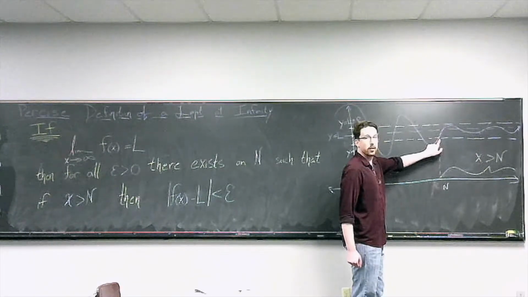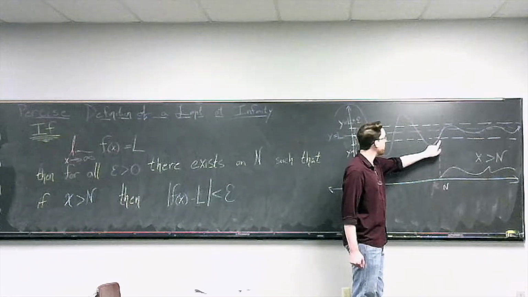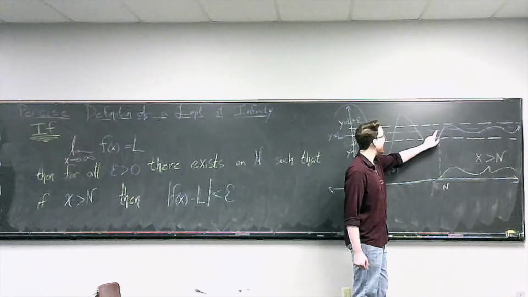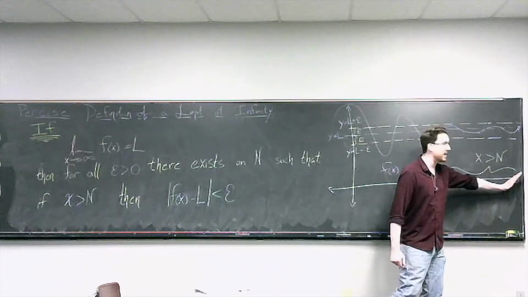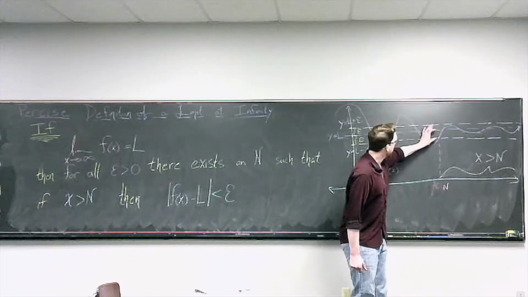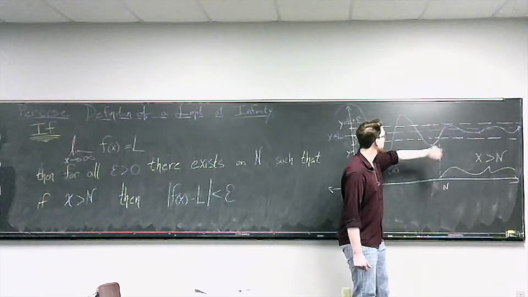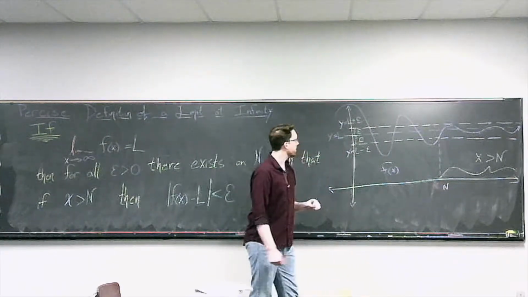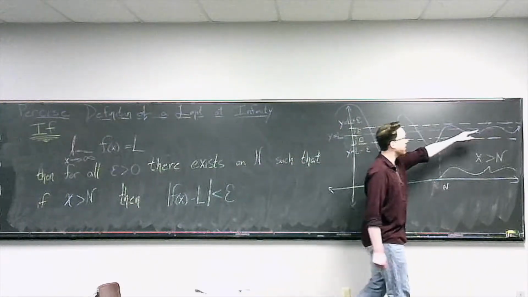We're going to say that the difference between our function and L for every x value to the right of this n will be less than this current distance. Let's see if that's true, in order for this function to decay into infinity.